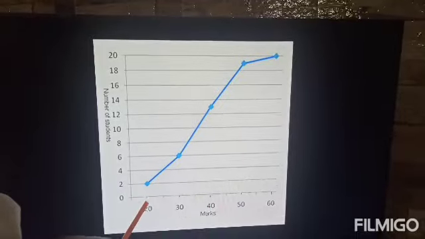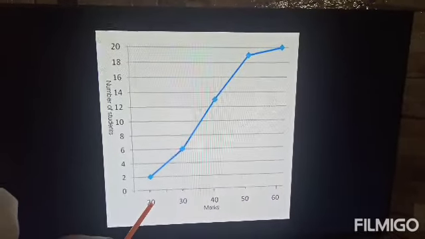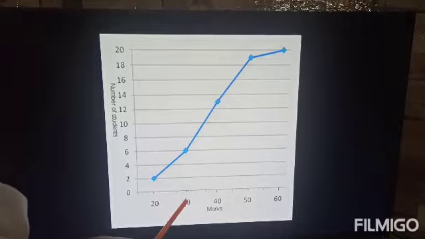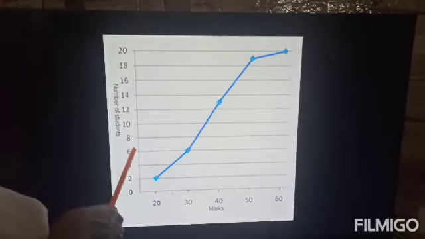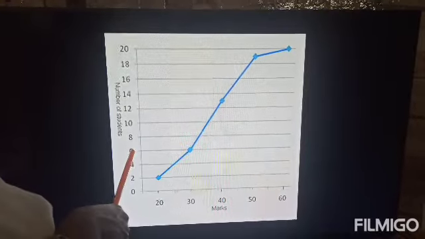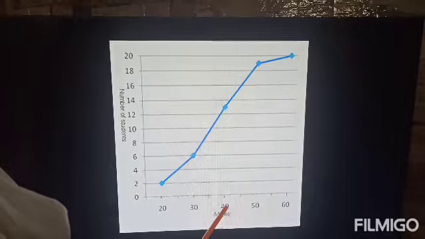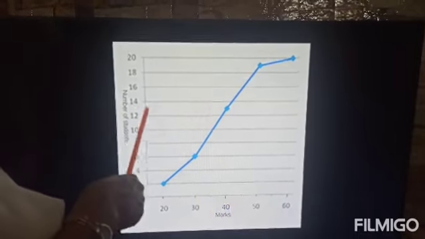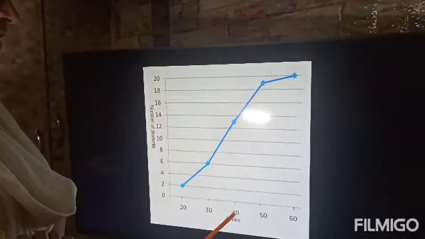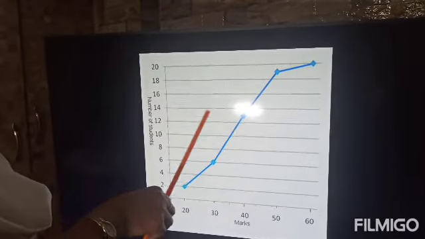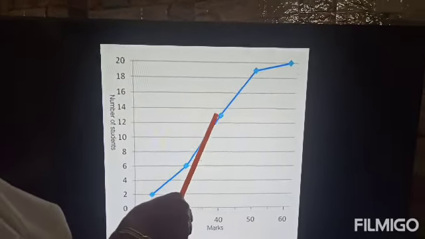Then mark this point. When 20 is there, less than 20, 2. Less than 30, it will be 6. Less than 30, 6. Then less than 40, it is 13. Number of students 13.